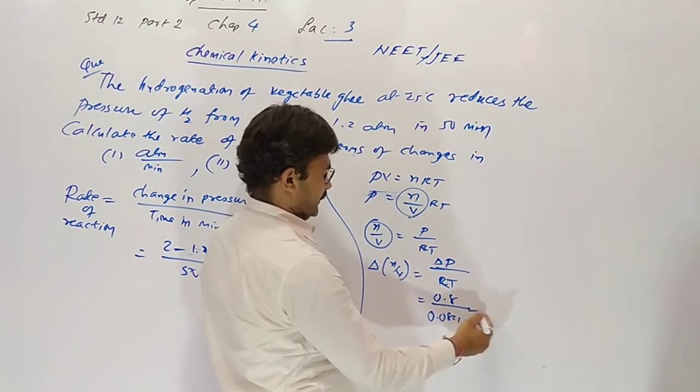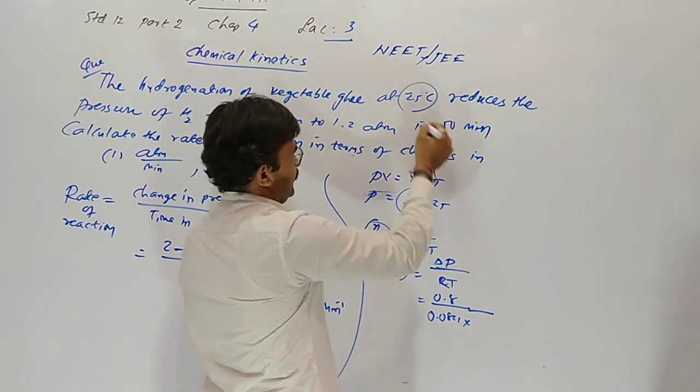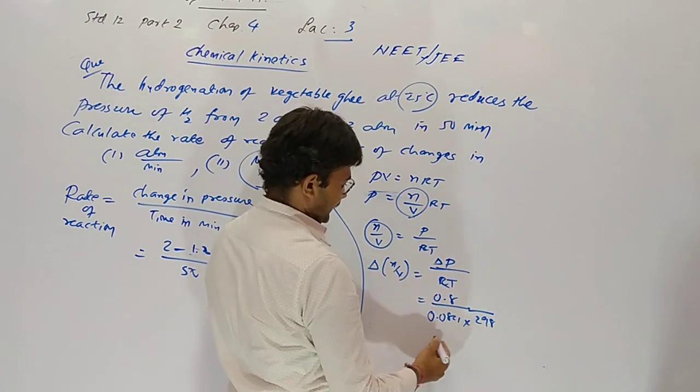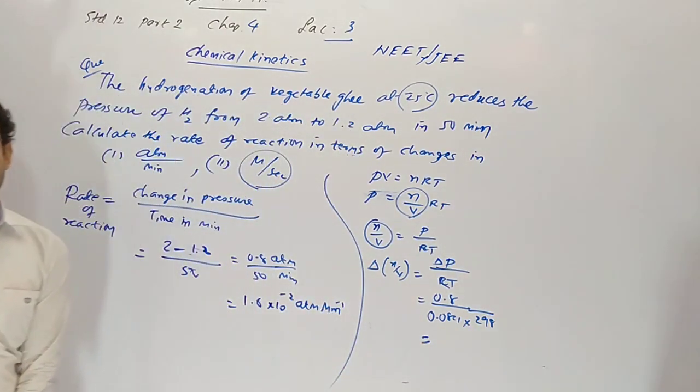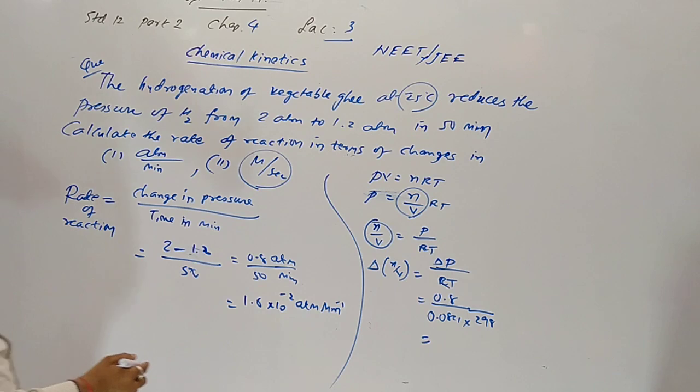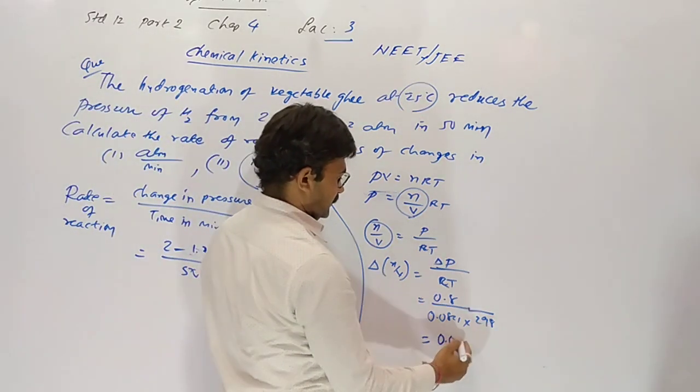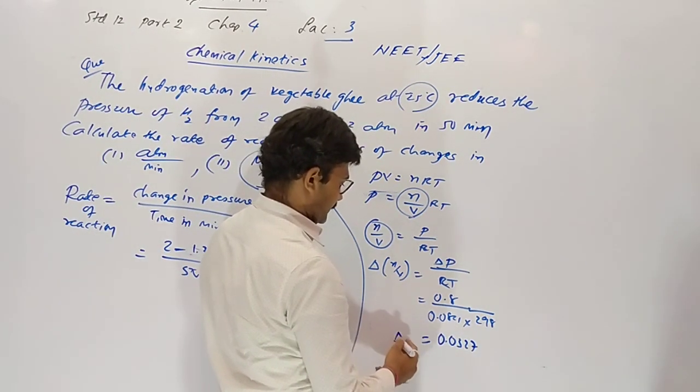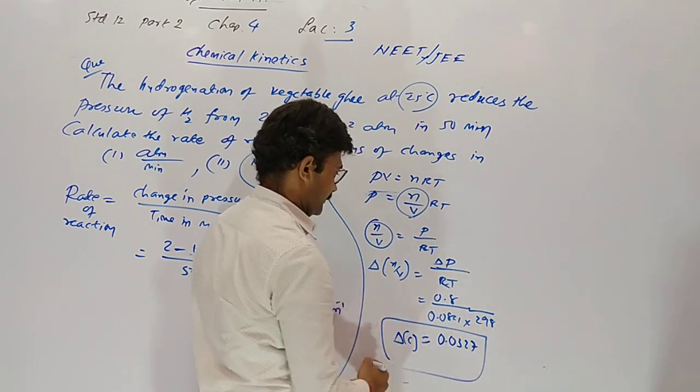Here R is 0.0821. Temperature 25, in Kelvin 298. So concentration comes 0.0327. This is change in concentration.